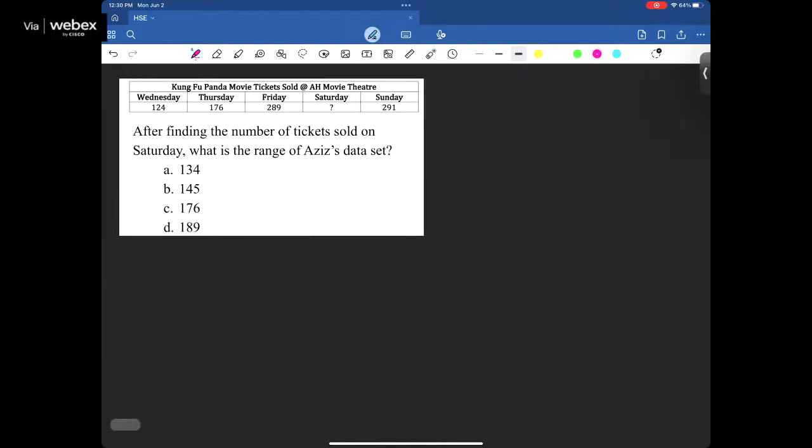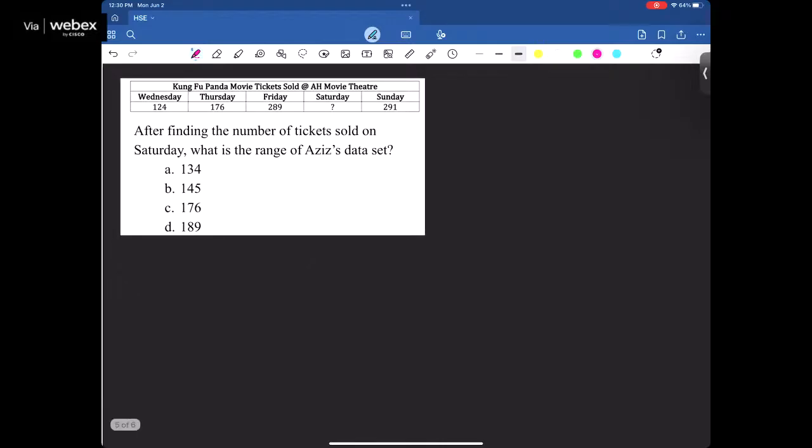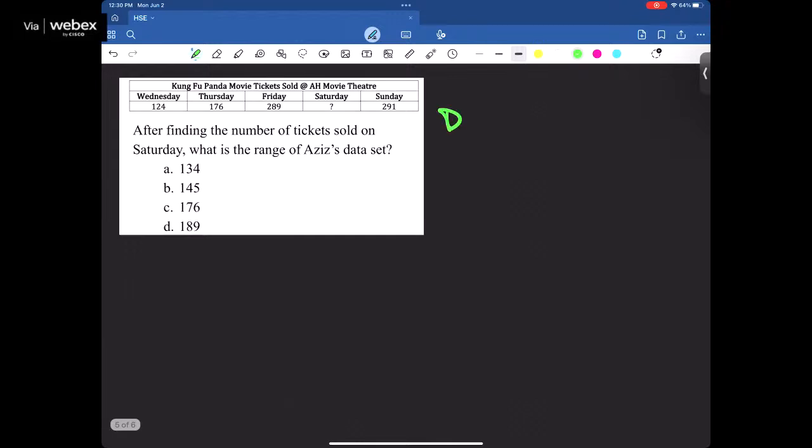Last question before it's your time to practice. After finding the number of tickets sold on Saturday, what is the range of Aziz's data set? Let me read that again. After finding the number of tickets sold on Saturday, what is the range of Aziz's data set? So we're finding the range. And remember, when we're finding the range, it's all about the difference.